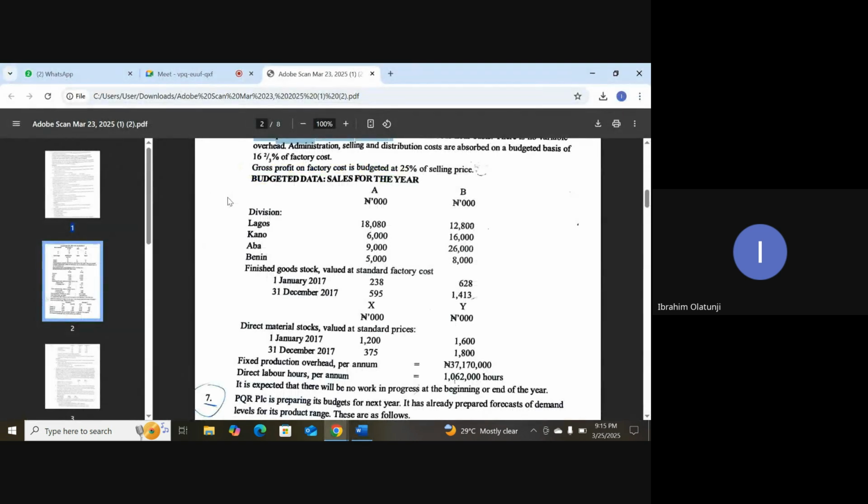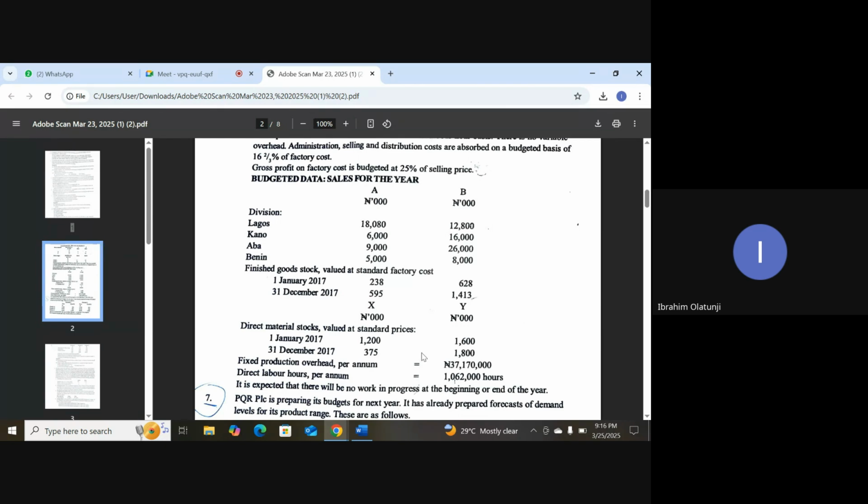From here, we have fixed production overhead per annum. They are giving us fixed production overhead per annum, which is 37,170,000, and direct labor hours per annum of 1,062,000 hours.